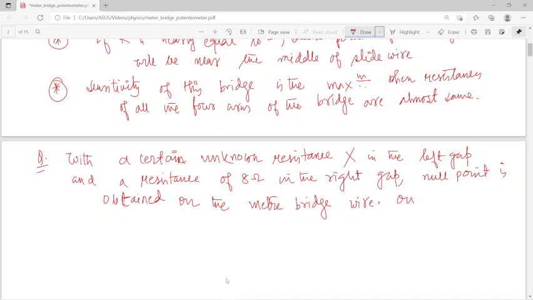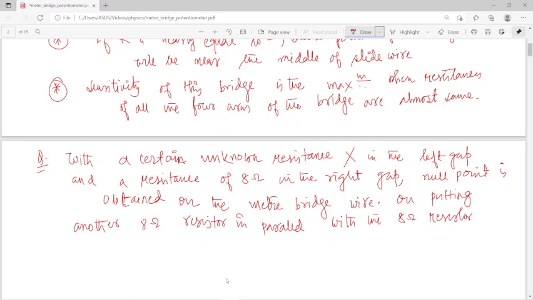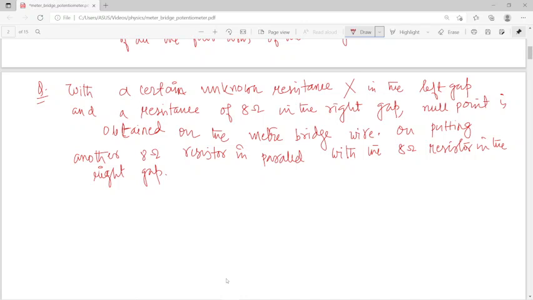and on putting another 8 ohm resistor in parallel with the 8 ohm resistor in the right gap, the null point is found to shift by 15 centimeter.